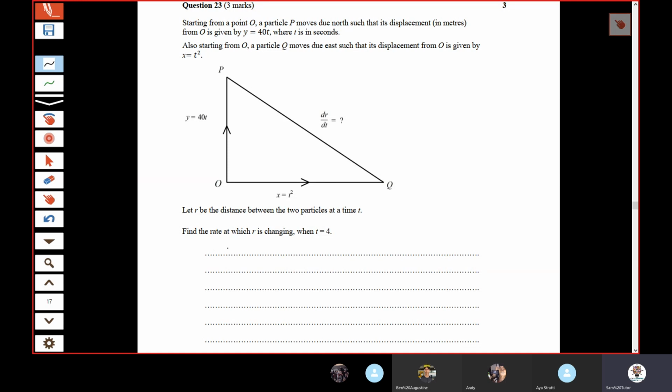How are we going to do it? How are we going to find dr on dt? Any ideas?